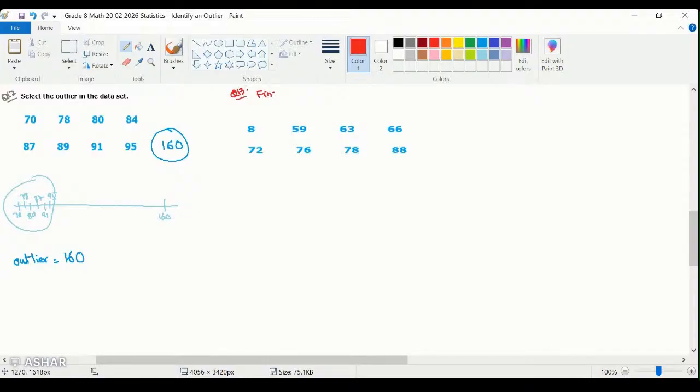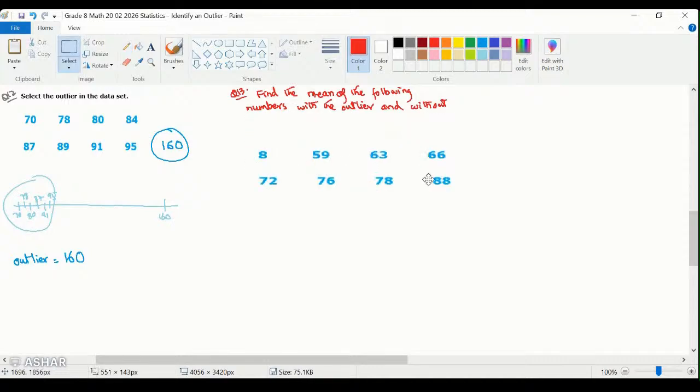Find the mean of the following numbers, given numbers with the outlier and without the outlier. Okay, so these numbers have been given to us. Once we'll find it with the outlier and once without the outlier.